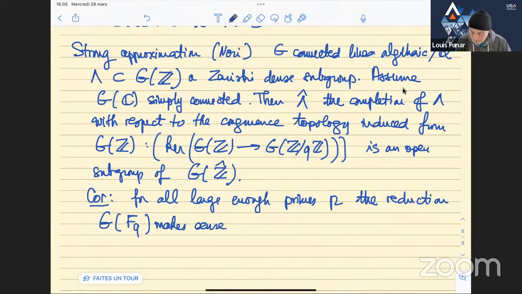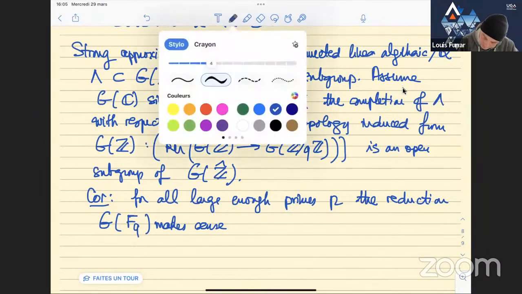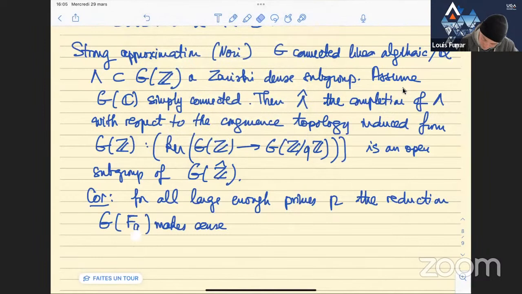That means that the equations defining G do not have denominators containing P. Makes sense, and lambda is surjecting into G of FP.